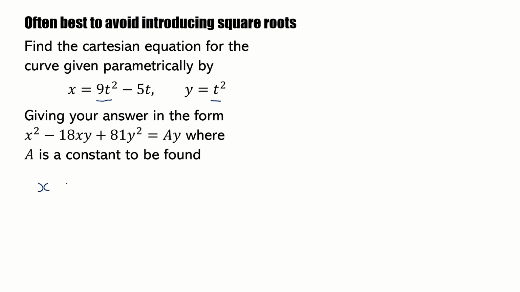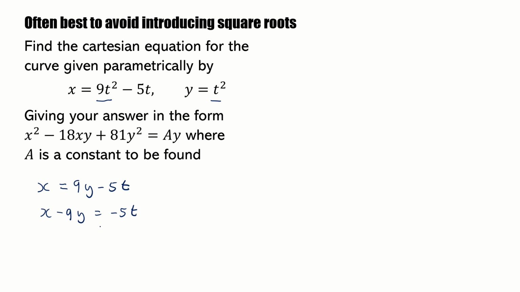So therefore, if I do that, I'm going to end up with x equals 9y minus 5t, and then we can notice, oh, wait a minute, now there's only a t in one place in this equation. Now it's something that would be quite easy to rearrange to the point where we've got a t equals in this equation. And so therefore then I'll be able to then plug it back into another equation again.